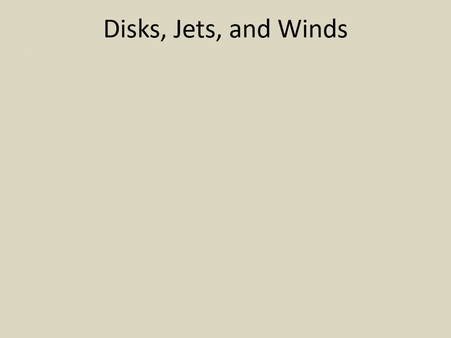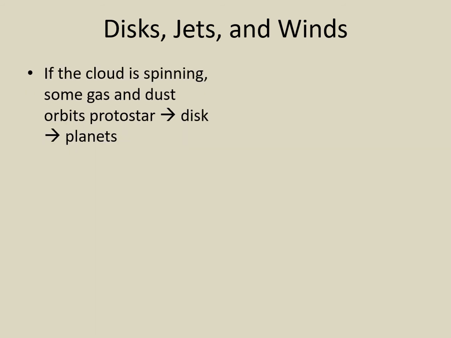During star formation, many other things happen that affect a star's surroundings. The most immediate effect is the formation of a disk. As the gas and dust is contracting to form a protostar, some of it will have its own motion, which means that it can't fall right into the center. As the cloud contracts, this motion will be converted into a spin, which speeds up the smaller the cloud gets.